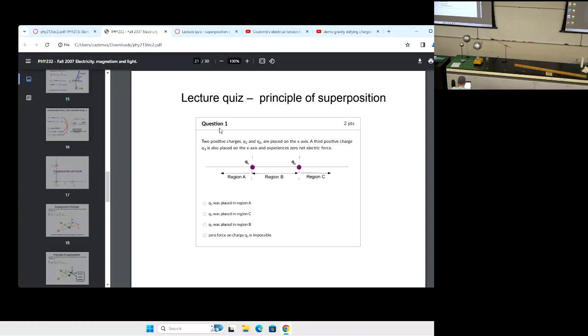If we want the force of charge number 1 and the force of charge number 2 on charge number 3, exactly the situation pictured in the last slide or two, to add up to 0, to cancel out, do I put that third charge here in region A? Do I put it here in region C? Do I put it here in region B? Or is it impossible to cancel out these electric forces?